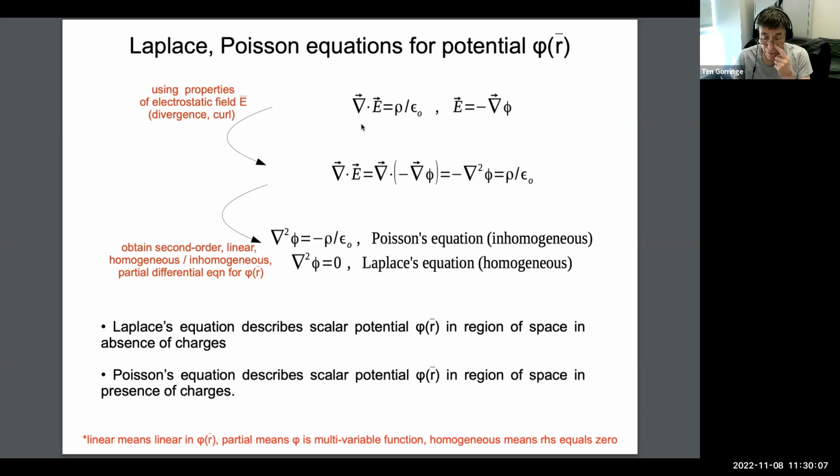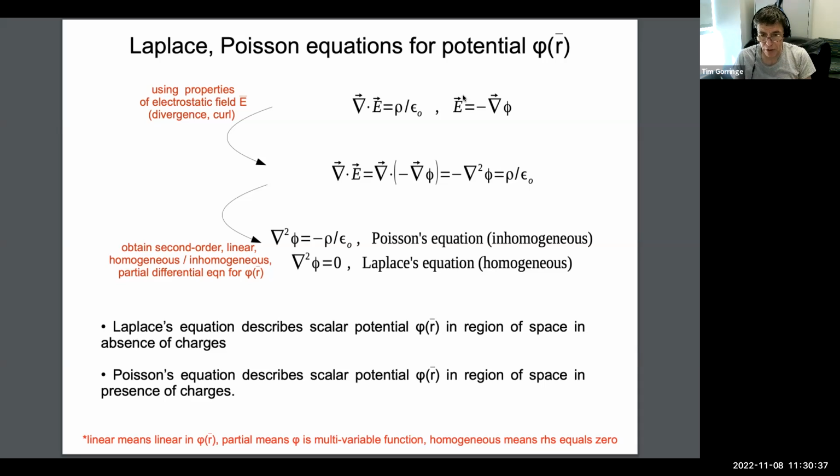So you probably remember that the electrostatic field has a divergence. That's where field lines begin or field lines end. And the equation for the divergence is this little guy here. The divergence at any point in space is equal to the charge density at that point in space, divided by epsilon naught.